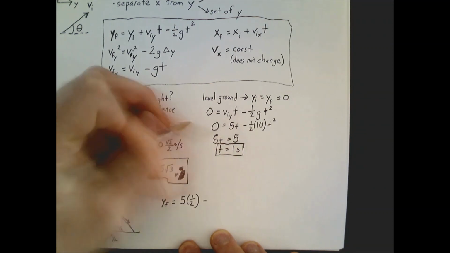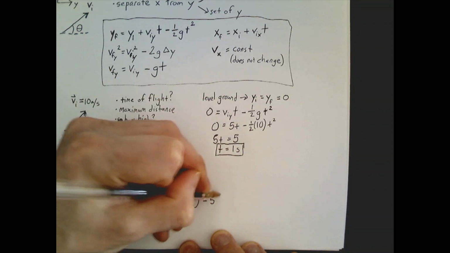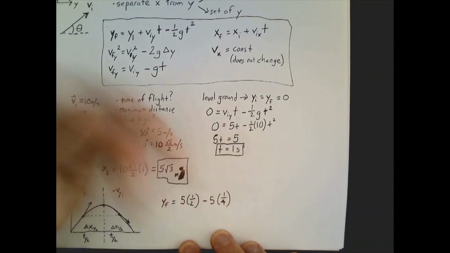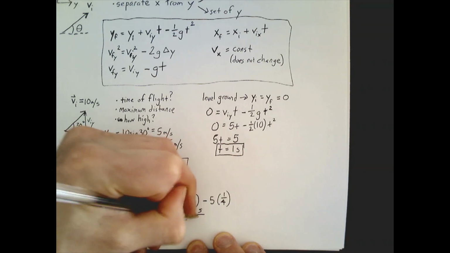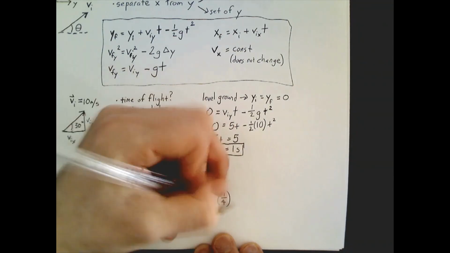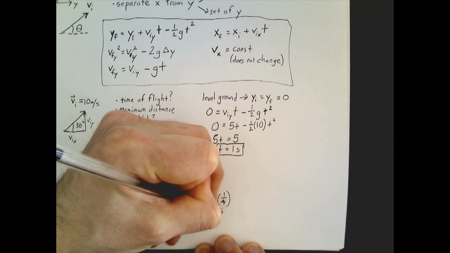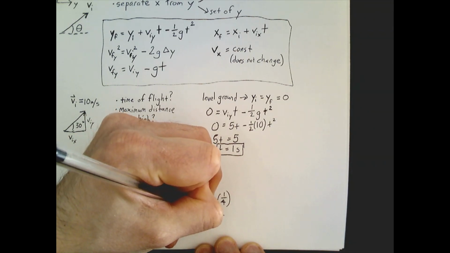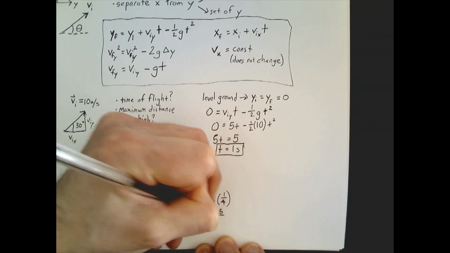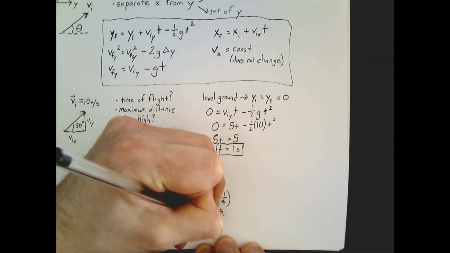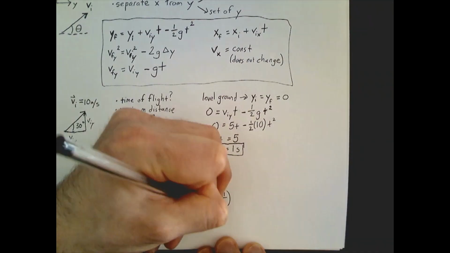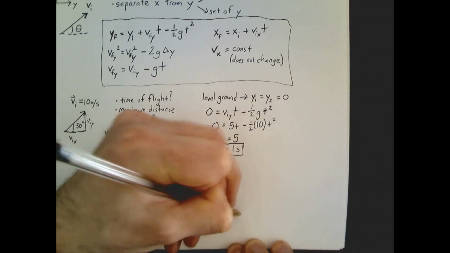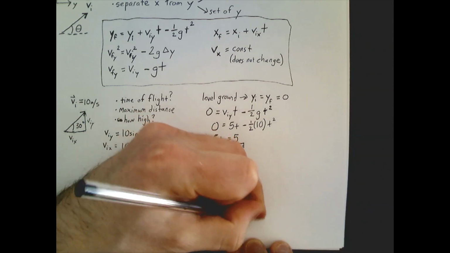We're going to minus 1/2 g, which is another 5. 1/2 squared is 1/4. So we get essentially 5/2 minus 5/4 equals 5/4. Yes, that's right. Meters. So it gets to about 1.25 meters in the air.